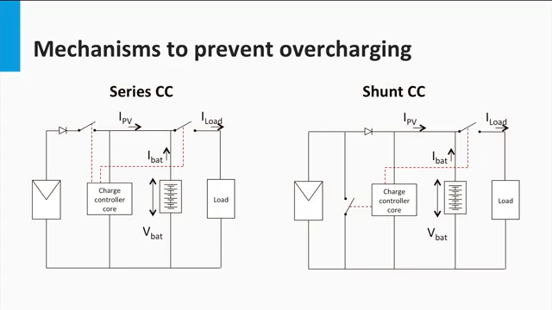On the other hand, in a parallel or shunt controller, the overcharging is prevented by shorting the PV array. This means that the PV modules work on the short circuit mode and that no current flows into the battery. These topologies also ensure over-discharge protection using power switches for the load connection appropriately controlled by the charge controller's algorithm.